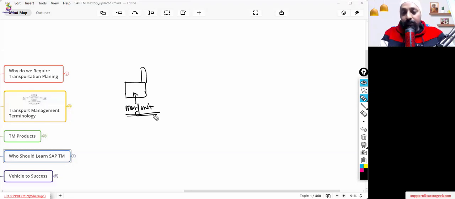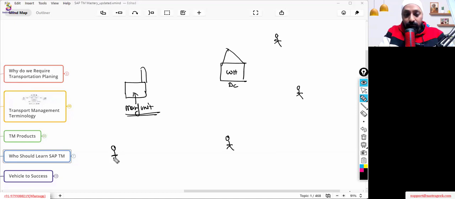Then you have your warehouse or distribution center. And these are your different customers. And you want to deliver to the customers.